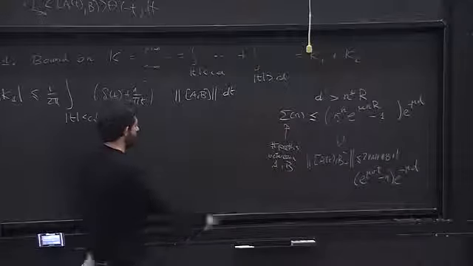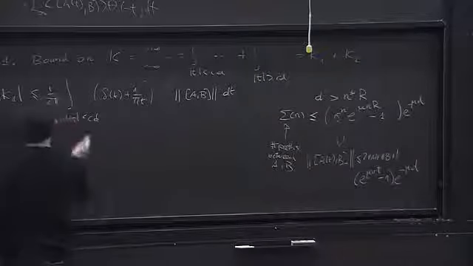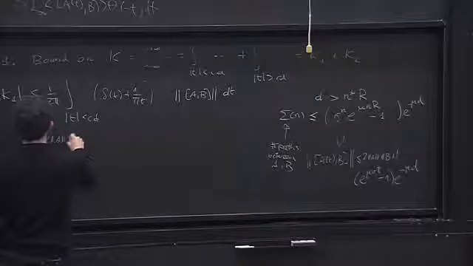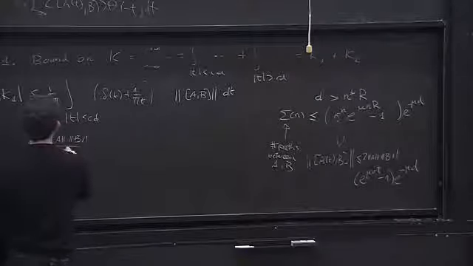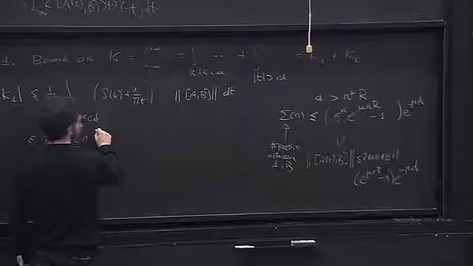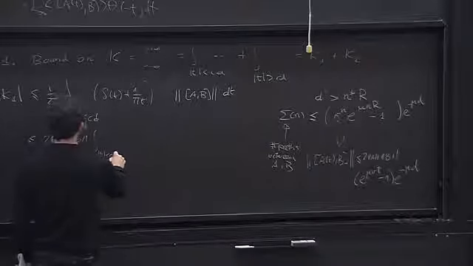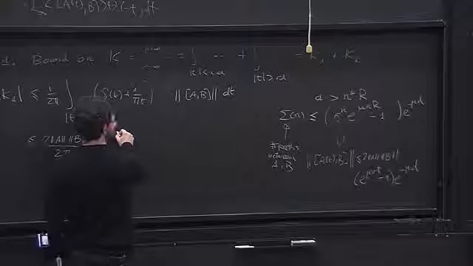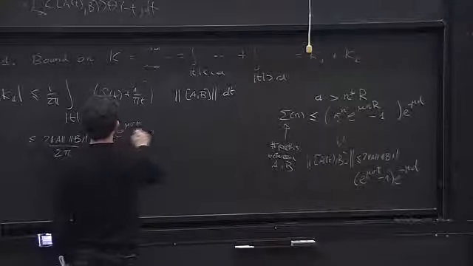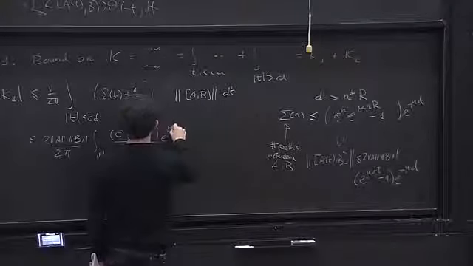So thanks to this bound, I cancel this. So I am left with 2ab over 2 pi, and then I have this integral, and I have e to the mu vt minus 1 over pi t, e to the minus mu d.